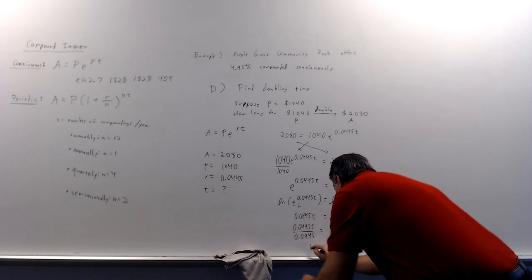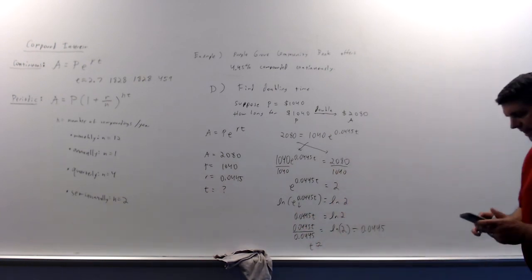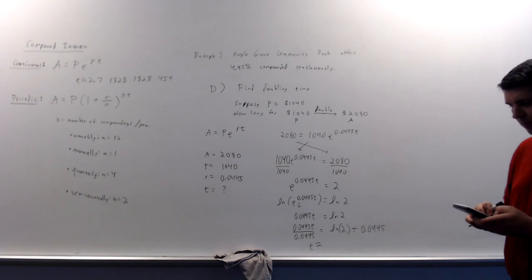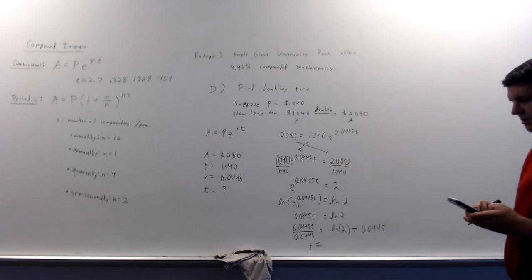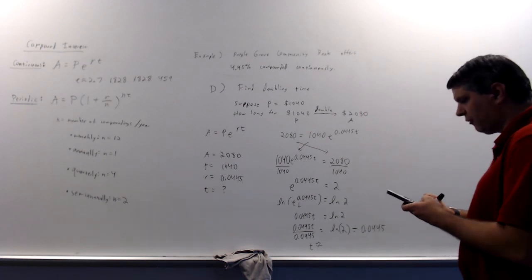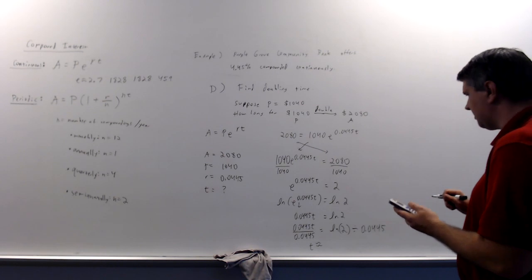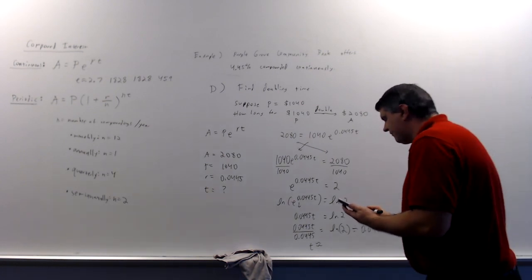And t is approximately, so natural log of 2, hit enter or equal, I'm looking at 0.6931471 blah, blah, blah. Okay, and divide off the 0.0445. Okay, I'm looking at approximately 15.58 years.